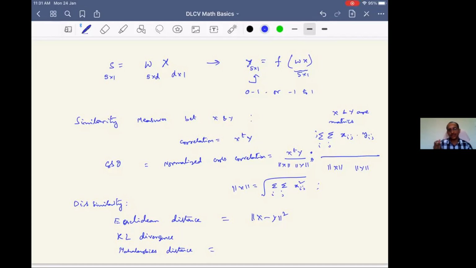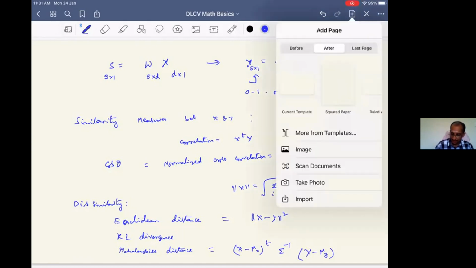That is, when you have the features modeled as random vectors, you can measure their distance using Mahalanobis distance. That sigma here denotes the covariance. We will see that a little later. So these are some measures of similarity and dissimilarity.